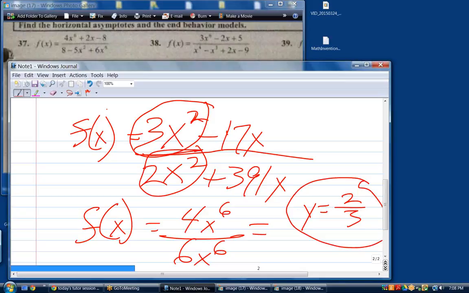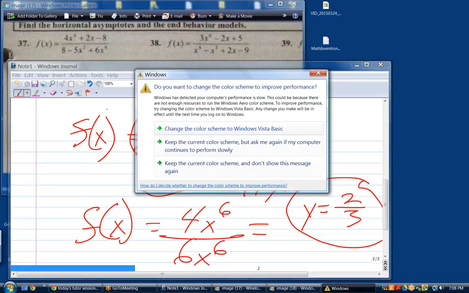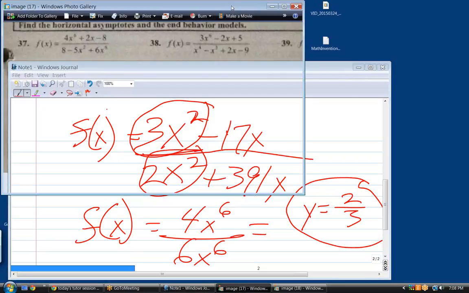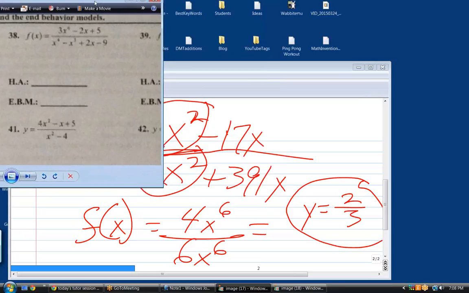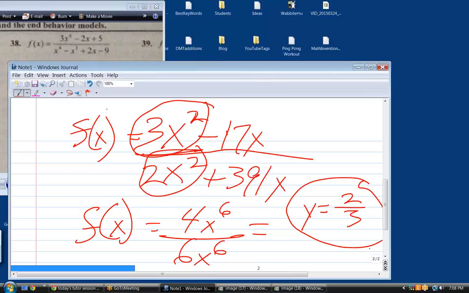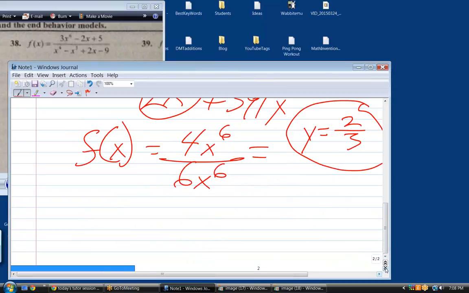It's only the highest degree polynomial that matters. So you don't care about this 2x minus 8. You don't care about this 8 minus 5x squared. Immaterial to end behavior. End behavior is only dependent on the highest degree polynomial.